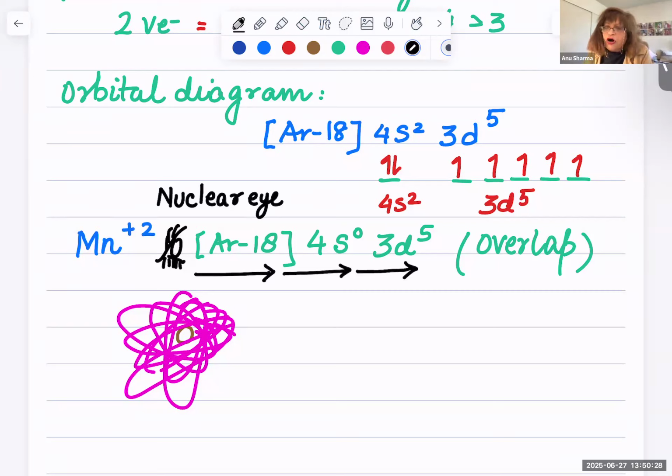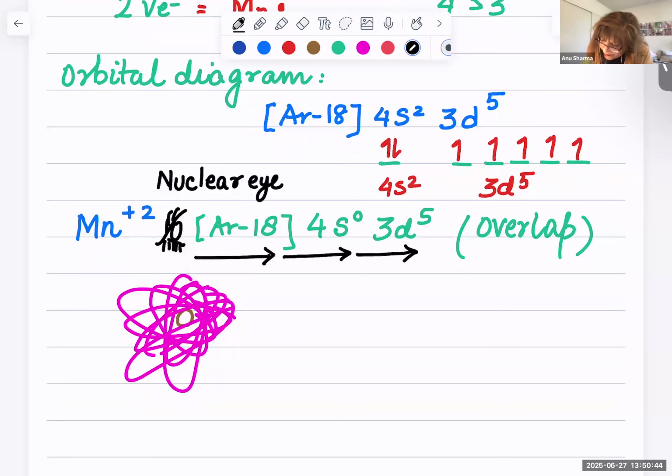Even now that the 4s is gone, it will see 3d more. But that doesn't mean that the 4s doesn't exist. That place and that energy level are still there. It's just vacant now. So that's how you will put it.